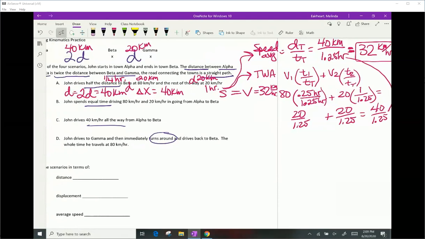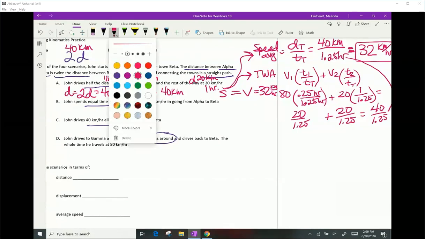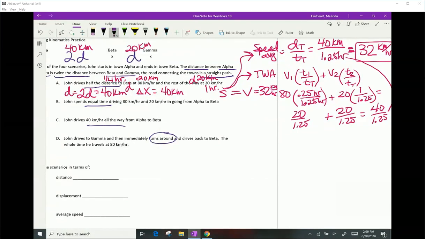Okay, I'm going to switch colors for a new scenario. John spends equal time, 50-50, driving 80 kilometers per hour and 20 kilometers per hour, going alpha to beta. And so if he goes alpha to beta again, then we're going to get the same distance and the same displacement.